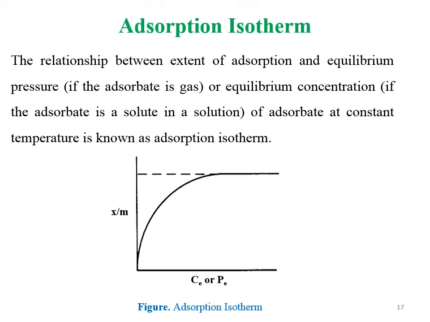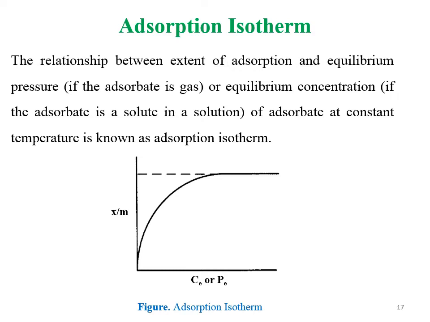And now the adsorption isotherm. Adsorption isotherm is the relationship between extent of adsorption and equilibrium pressure or equilibrium concentration of adsorbate at constant temperature. The equilibrium pressure is taken when the adsorbate is a gas, and equilibrium concentration is considered if the adsorbate is a solute in a solution.